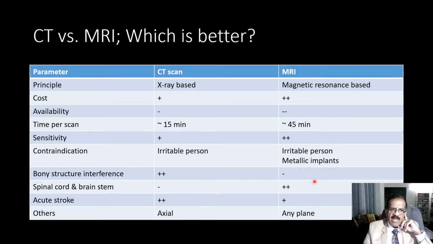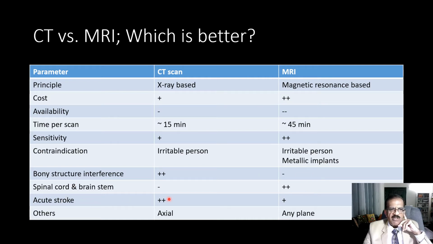Whereas MRI is almost independent of bone. For MRI, it is as if bones do not exist. So in those parts of the body where there's a lot of bone and less soft tissue, a good example being the spine, MRI has a very good advantage because it is not affected by the presence of bone.